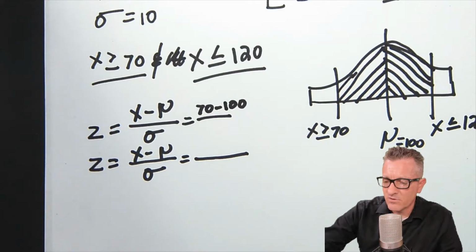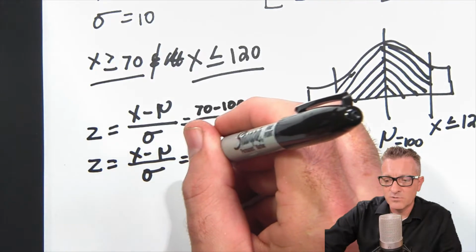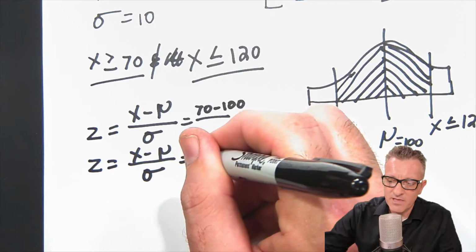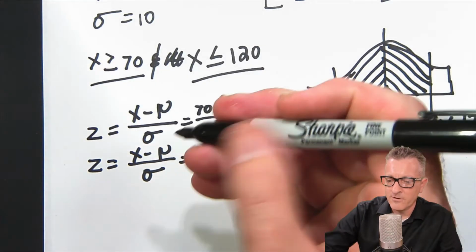So it's not a problem for us. Just remember, you're not going to find negative on the table. You just solve for the number as if it's a positive. But if it's negative, it's on the left-hand side that you're actually solving for.